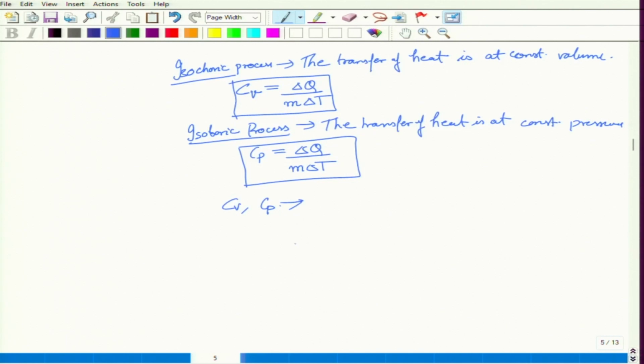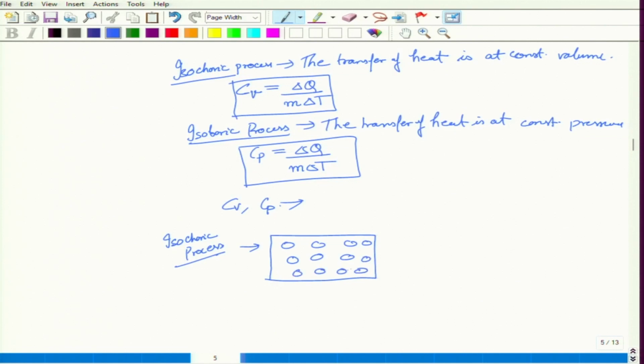Suppose we have a body, and in case of isochoric process, we have some gas molecules inside this box, but the volume is fixed. There should be some temperature gradient due to which there is some transfer of heat.